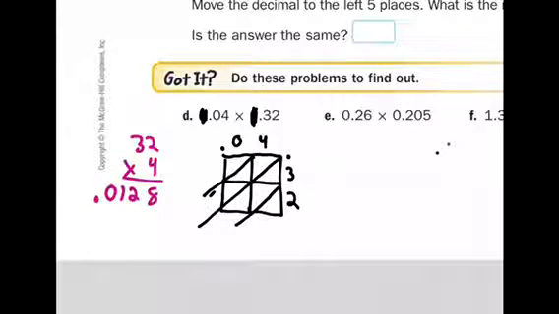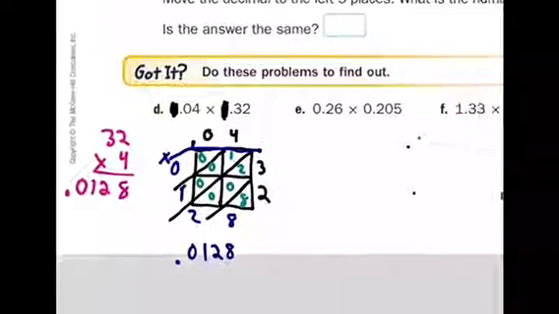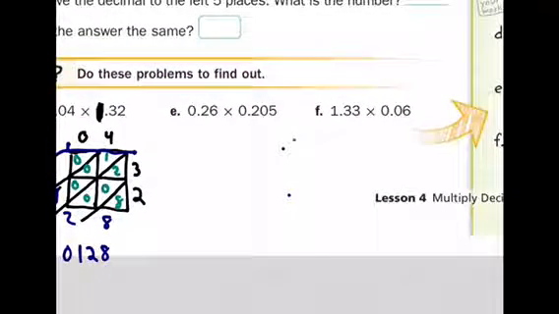So I have 3 times 4 is 12, and 3 times 0 is 0. 2 times 4 is 8, and 2 times 0 is 0. And then I'm going to add 8, 2, 1, 0. Now my decimals, this one only goes down, this one only goes over. They meet there and take that diagonal row down. You have 0.0128. Same thing.